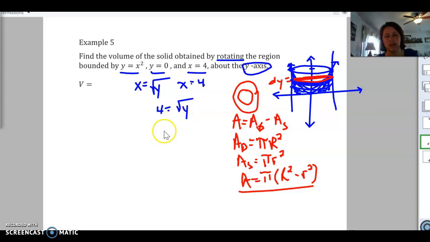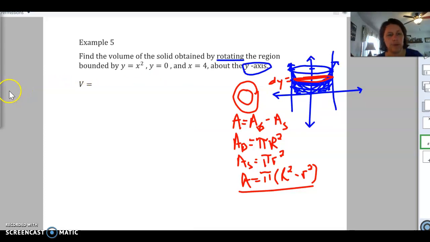Square both sides to solve for y. We get y equals 16. So this equation we're going to be evaluating from 0 clear up to 16. Alright, I'm going to pause here for a second and clean off my board, so I hope I have all that written down. You can pause and rewind if you need to.